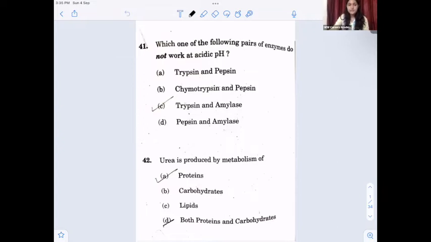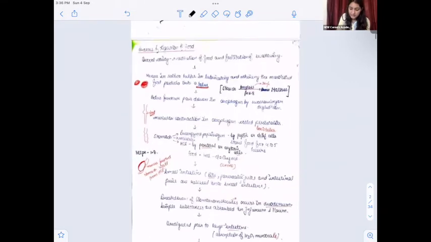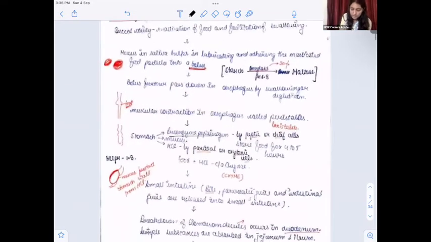So let's start. First question: which one of the following pair of enzymes do not work at acidic pH? So see, we know that pepsin is an enzyme which is produced in stomach in the form of proenzyme pepsinogen, as you can see here in notes.